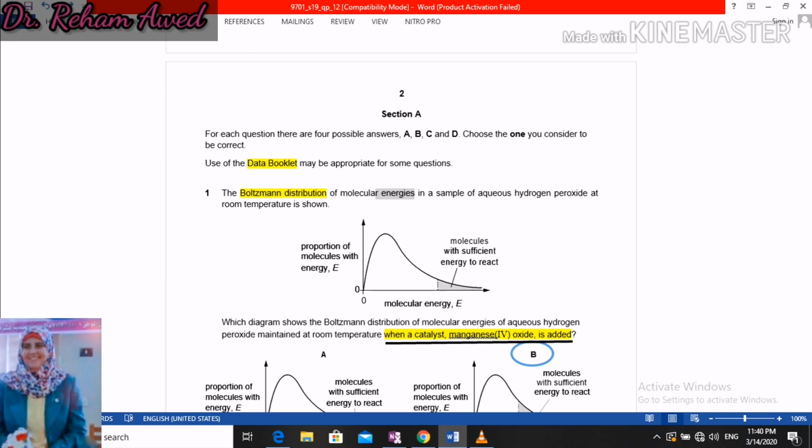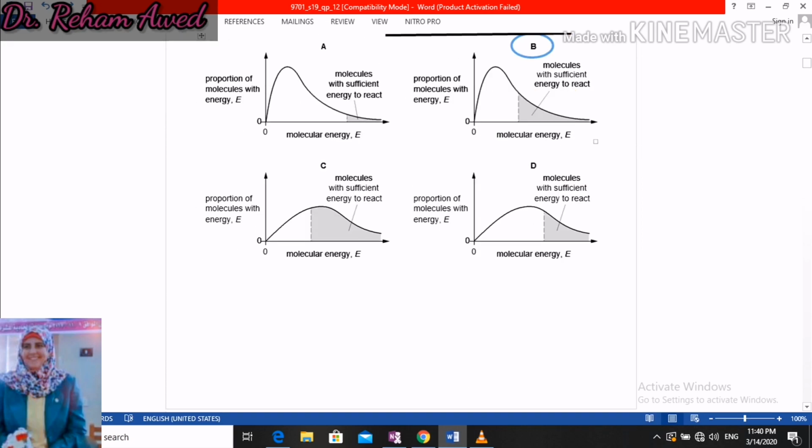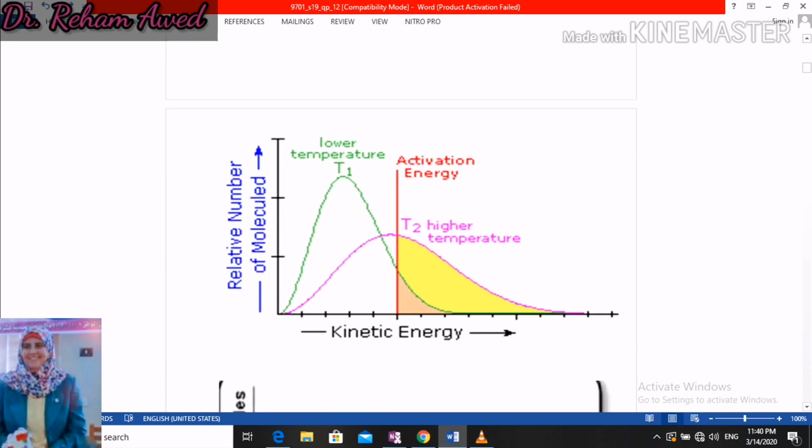And when we change the conditions of the reaction, for example, when we increase the temperature of the reaction, or when we add a catalyst, take care: the number of moles having enough energy to start the chemical reaction will increase.